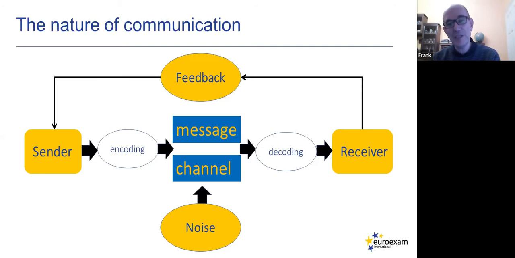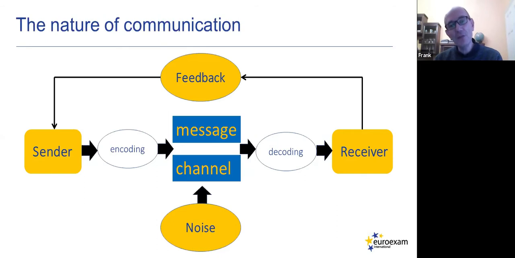Noise can be psychological noise. For instance, now I'm quite nervous because this is the first time that I've ever given a conference talk online, which is kind of ironic when I'm talking about online communication. That's a kind of noise because it might interfere with my ability to communicate clearly.